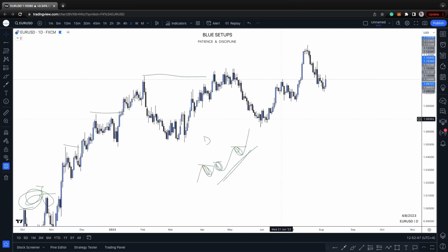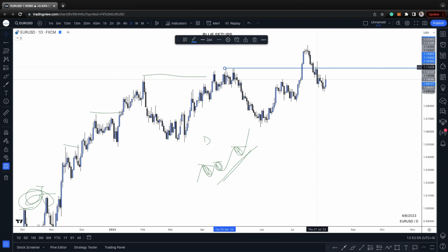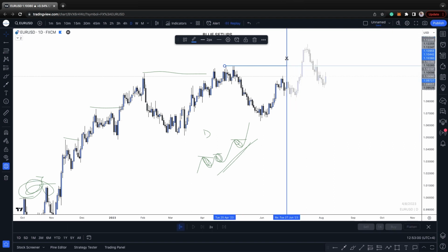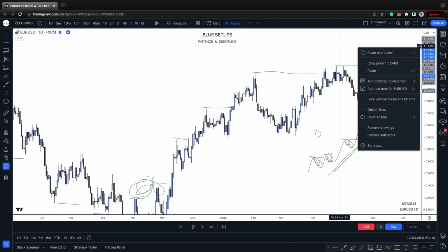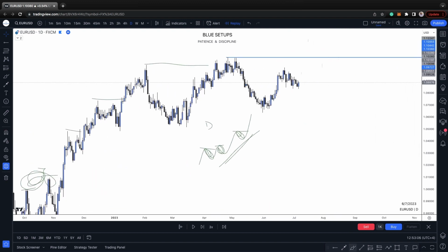When the price was in here, I had these overall targets as my price target. So what was I expecting price to do? It was somewhere around here, let's say even here anyway. I was expecting price to come take these highs. So that was my framework.